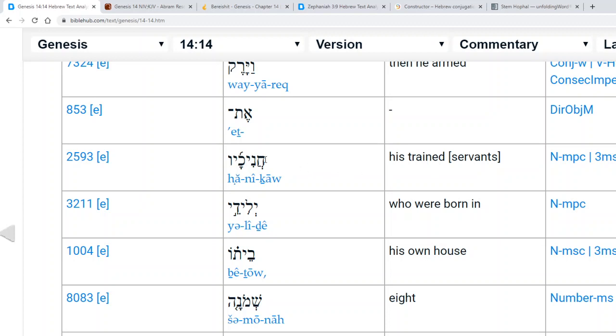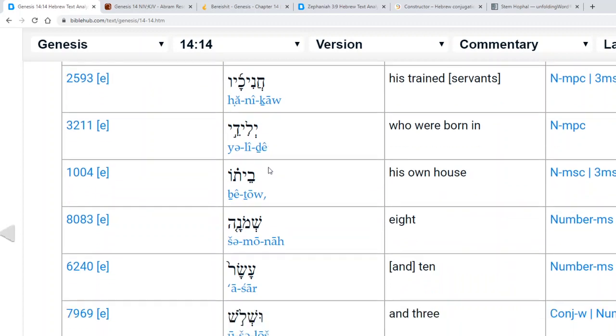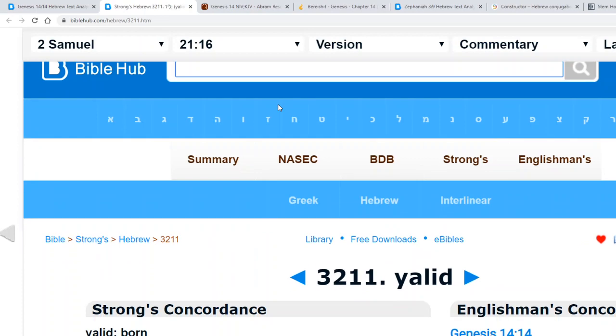Yelidei beito, right? People who were born from. Yeled is a child. Yeledim would be children, but this is Yelid, people who were born.